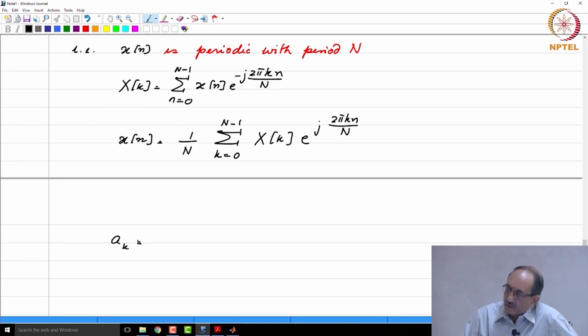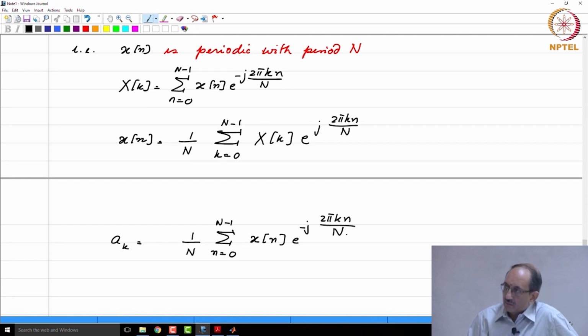Recall that a_k, the Fourier series coefficient, was given by this, n going from 0 to N minus 1, x of n e to the minus j 2 pi k n by capital N. This was the Fourier series definition.